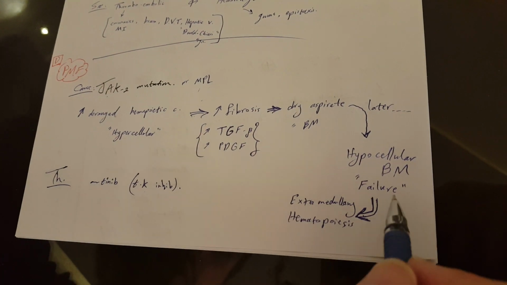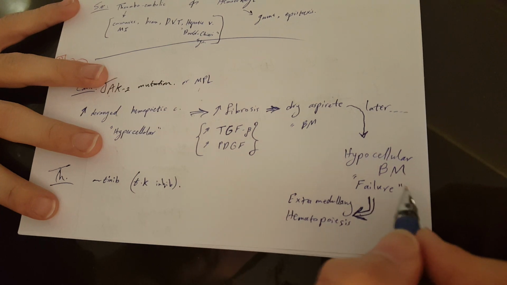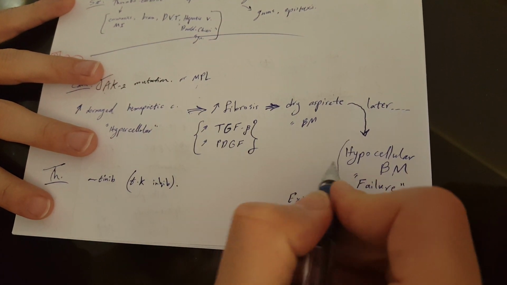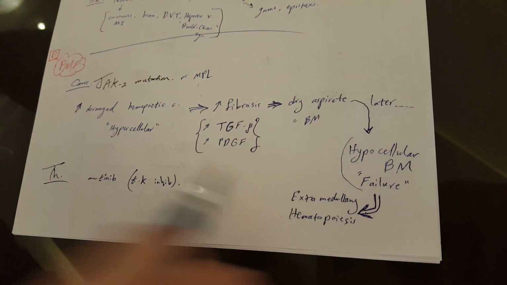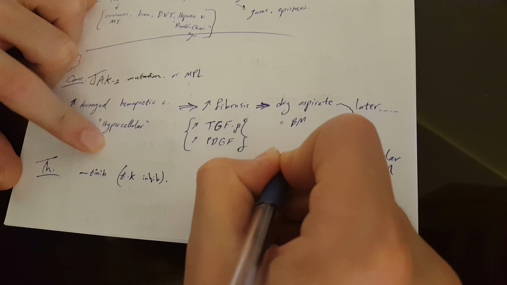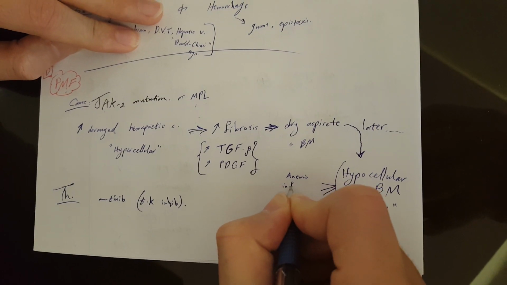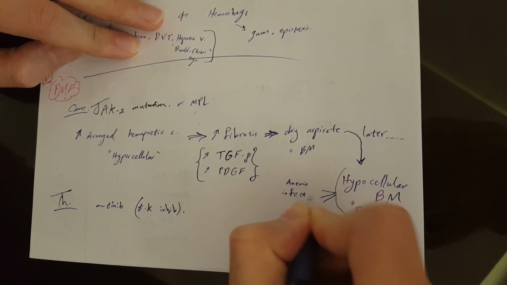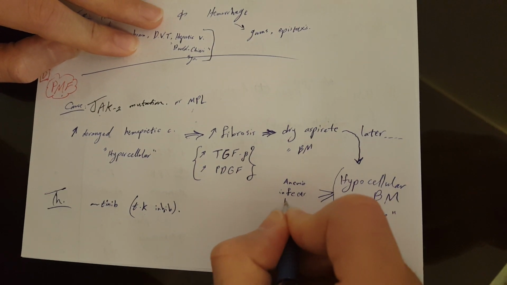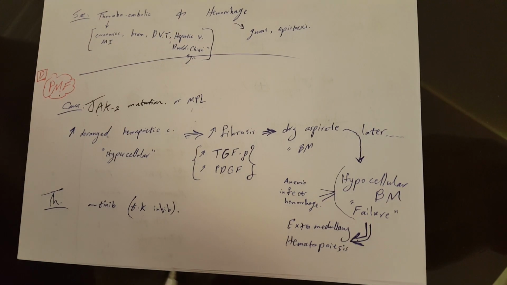What else? Okay, so BM failure, as we said. So these will cause the same things as any leukemia, by the way. Just because we're saying it's fibrosis, you would still see all of these, the anemia and low whites, meaning infections, hemorrhage, and everything of a leukemia, okay?